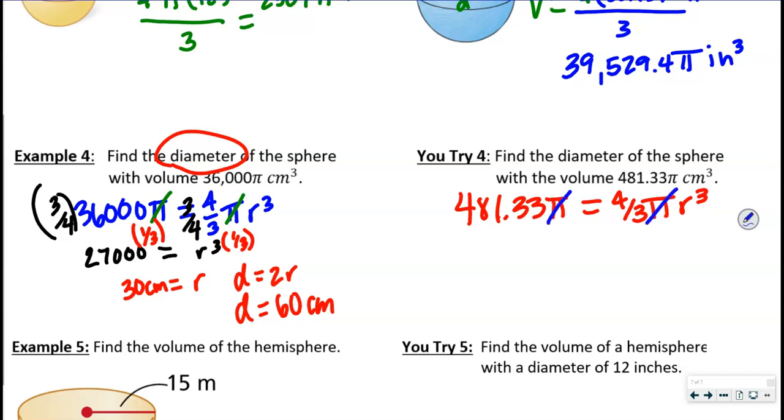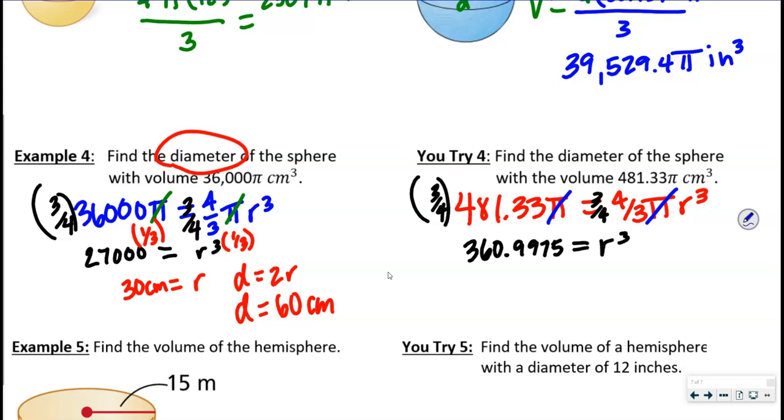The pi is gone, right? Going to multiply this times 3/4, going to multiply this times 3/4. When I did that, I got 360.9975. Remember, I'm leaving that in the calculator just like it is. That's equal to r to the 3rd.